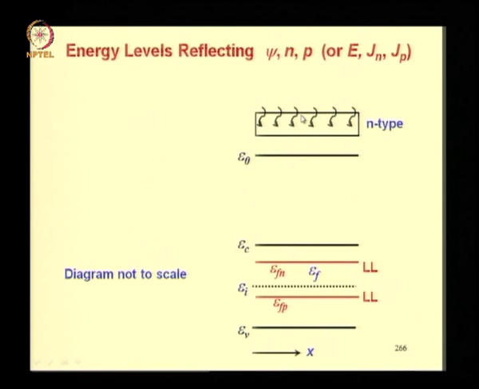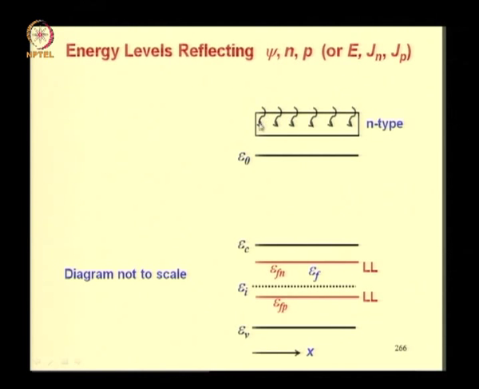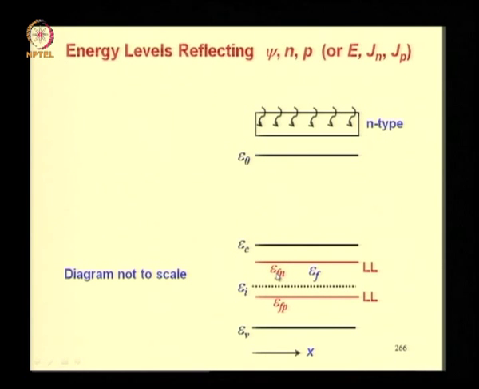Now when you shine light and there is uniform volume generation in this semiconductor, then everywhere there are excess electrons and holes, and the situation is depicted in the energy diagram by splitting of the Fermi level into electron quasi Fermi level and hole quasi Fermi level.